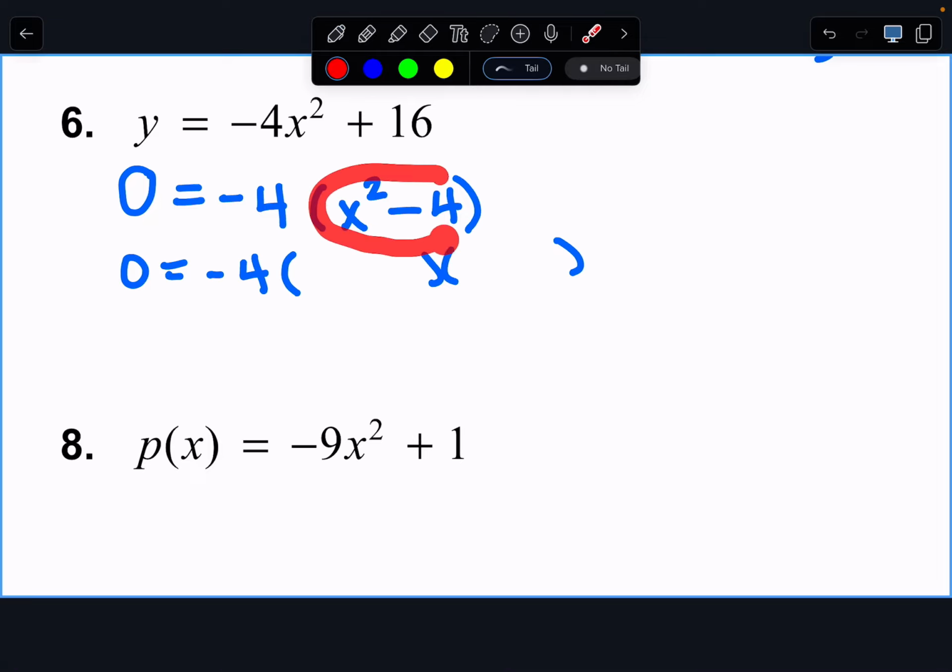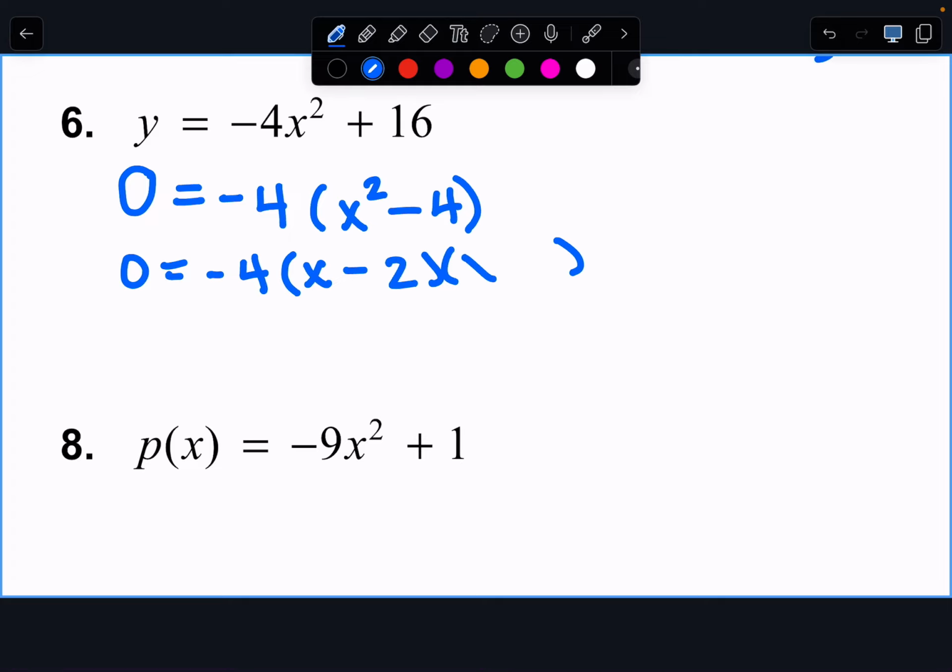X squared minus 4. Is that a difference of squares? x minus 2, x plus 2.